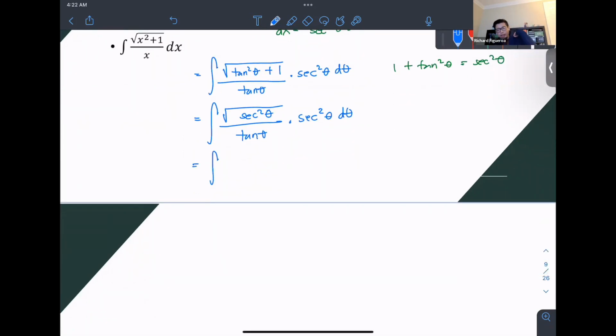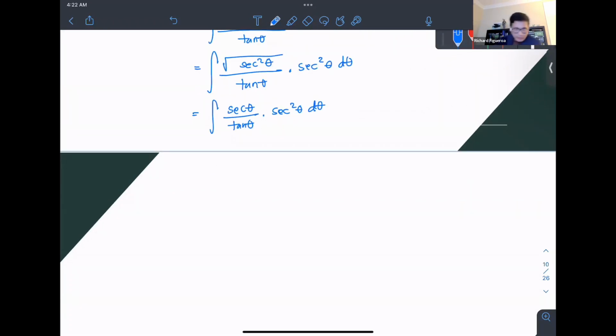So this will become secant squared, so the square root of it will be secant theta, okay, so all over tangent theta, and multiply it with secant squared theta d theta. So what can we do? Okay, so with this one, so we can use some identity.